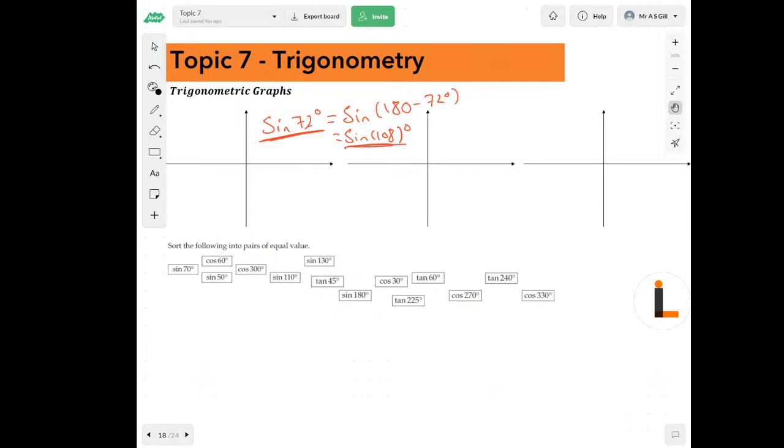So I'm going to colour in, hopefully this works, I'm going to colour in the matching functions here. So we've got the first two done just there.